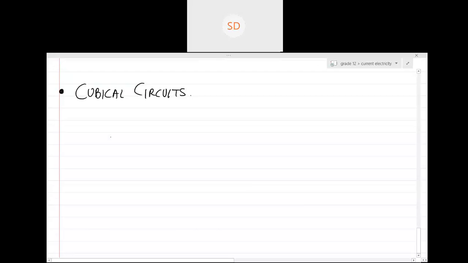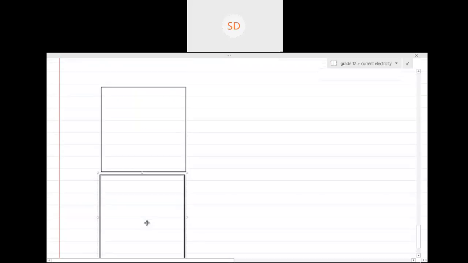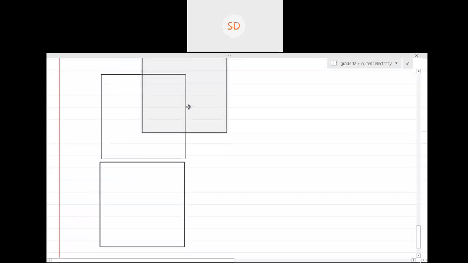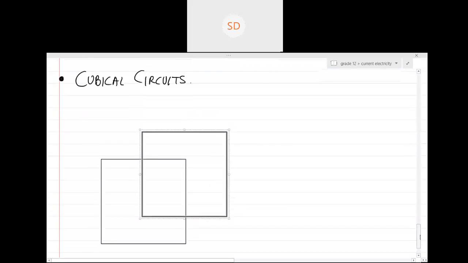Let us consider a cubical circuit in which every edge has a resistor. Draw a square. Guys, is it clear?